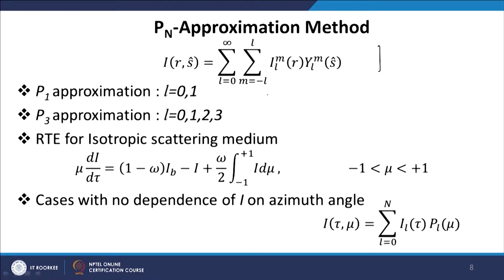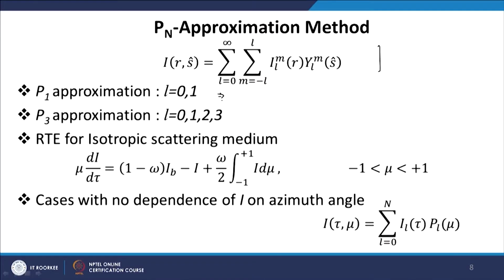Now, if we retain the terms for L equal to 0 and 1, the method is called the P1 approximation method, and if we retain terms for L equal to 0, 1, 2 and 3, that is up to order 3, the method is called the P3 approximation method.